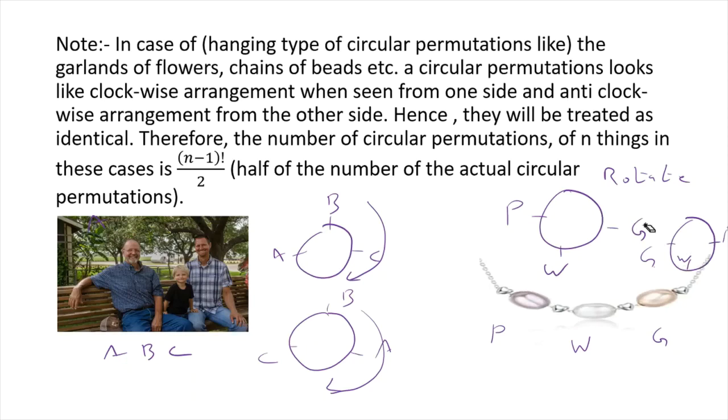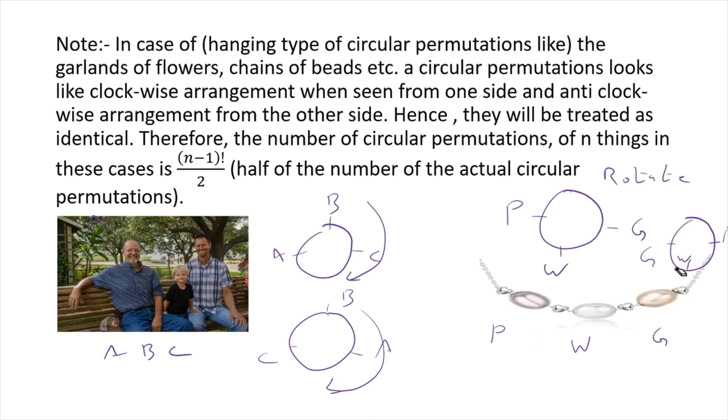For these two arrangements, we have a single chain. If I want to wear it like this or like this, we have to pick only one chain. Whether you wear it in the clockwise direction or the anti-clockwise direction is up to you. If I wear it as it is, I will have this one. If I rotate this chain and wear it, then I will have this arrangement. So these two arrangements result from a single chain.